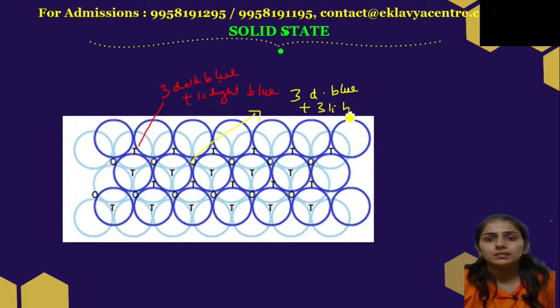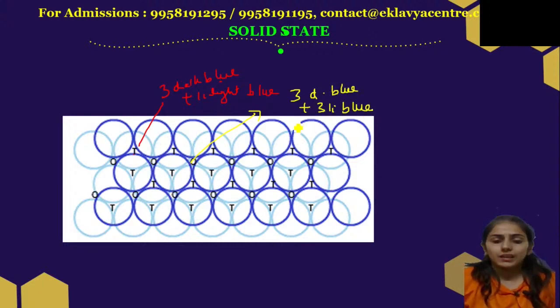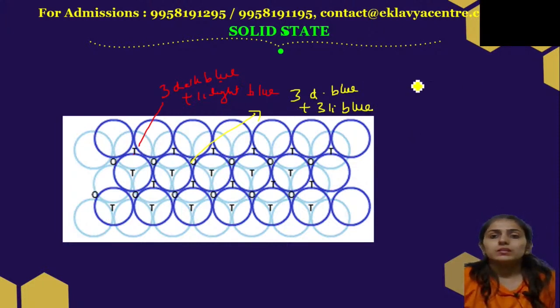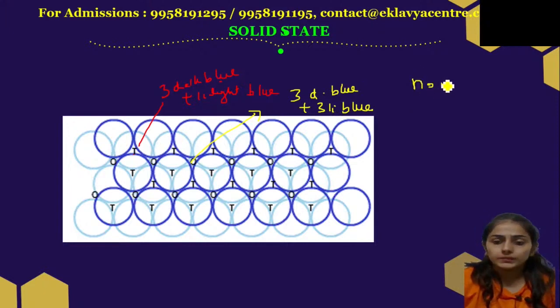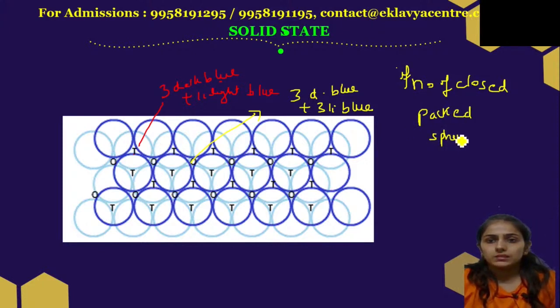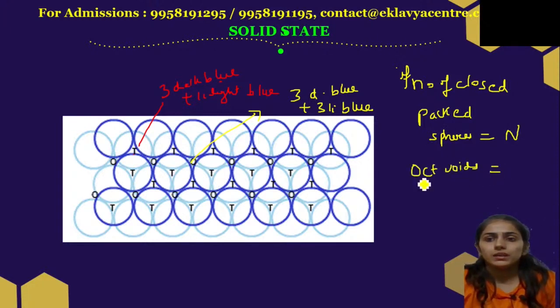There's one formula: if the number of close packed spheres is equal to n, then octahedral voids will also be n.